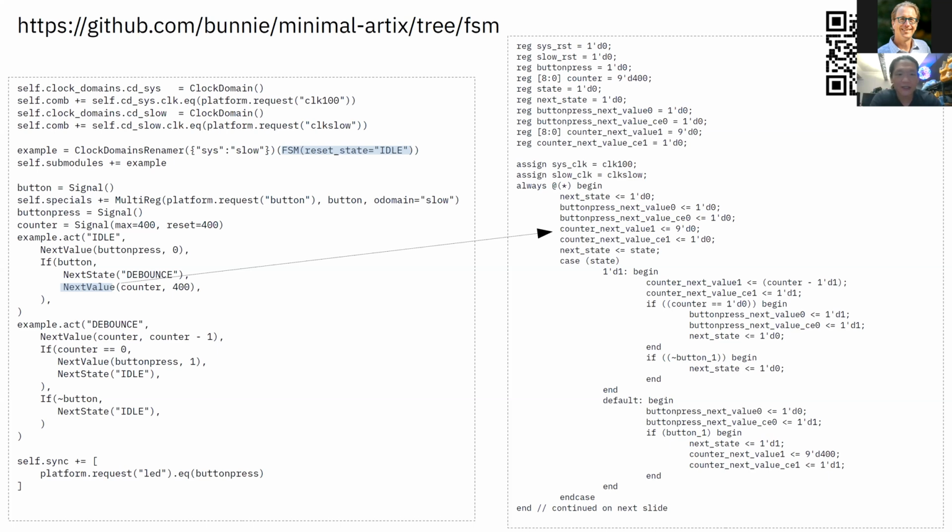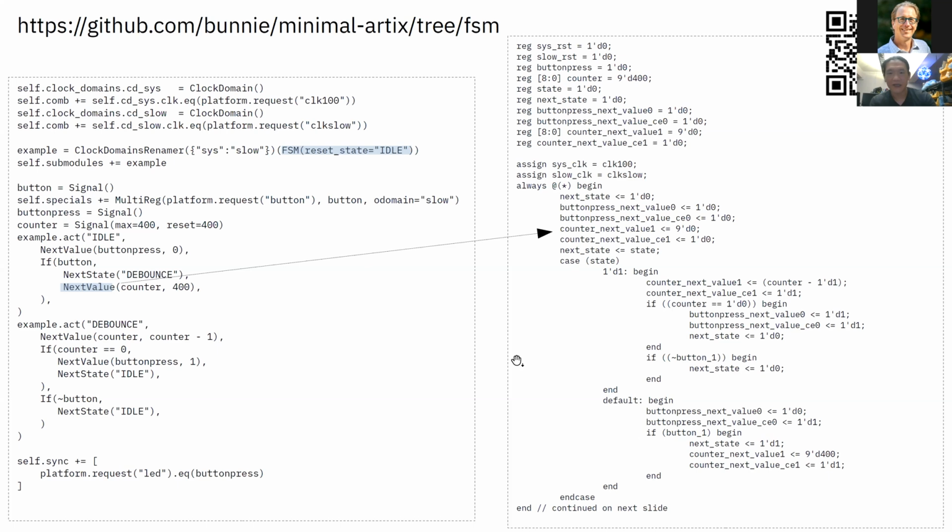One of the cool things is that they have this next value function, and when you call next value, it doesn't just assign immediately in that state. It'll make that value sticky through the entire state machine. So it automatically infers this arrow pointing to the right-hand side, the actual state, and also a chip enable, a write enable for that particular thing. Then you can see that the case statement for the state machine itself has been inferred as I've added the states on the left, so it looks really nice.